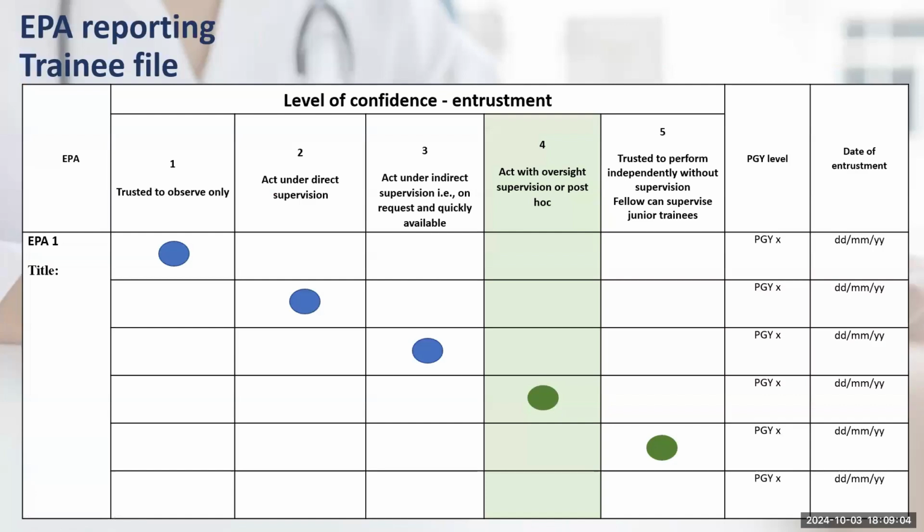Good. So basically, the level of confidence we have in our trainees, the levels of entrustment, is 1 to 5. We trust somebody to observe only, but that means that we trust they have enough knowledge to understand what they are doing, what we are doing, sorry.